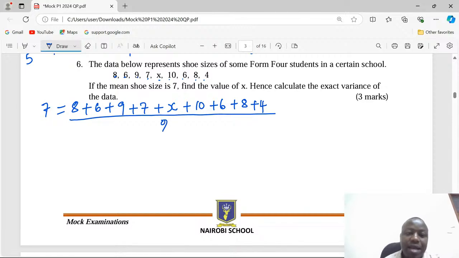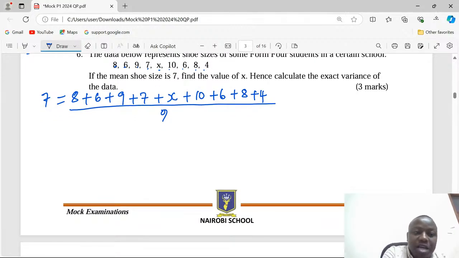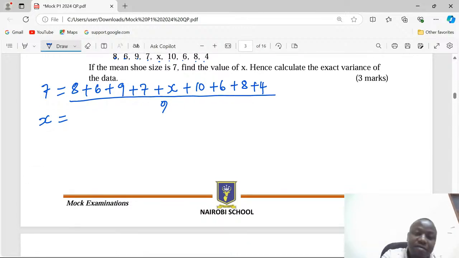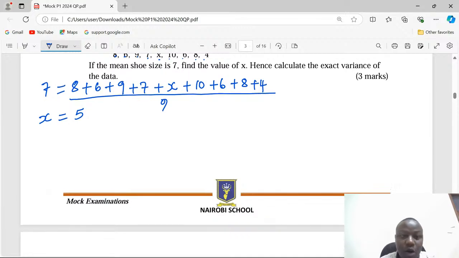Divide by 9. Now this is supposed to give us 7. Therefore, when you cross multiply, you get 63 equals all those other values plus x, which means the value of x can be obtained with a lot of ease. And this will give us exactly 5.